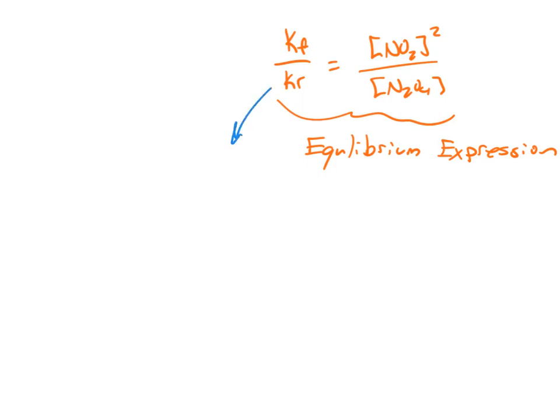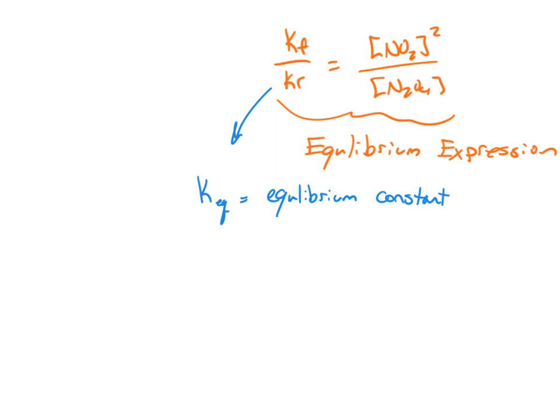If I combine Kf over Kr and assign it a new constant, in the kinetics chapter we said it becomes a new constant. But now we actually have a name for it. It is known as Keq, or the equilibrium constant. And the equilibrium constant is always set equal to the products of the forward reaction over the reactants of the forward reaction.